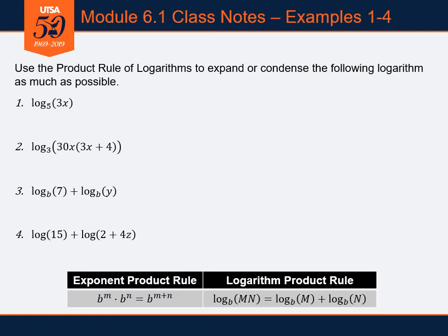That's not true. On the left-hand side, the exponent rule that you know, b to the m times b to the n equals b to the m plus n. When we multiply, multiplication turns into addition of powers. On the right-hand side, the logarithm product rule, we are multiplying inside the parentheses capital M times capital N, and that turns into addition, a sum of two logarithms.